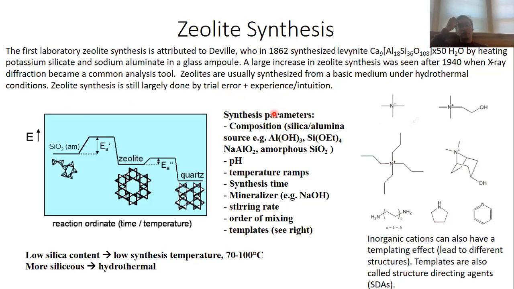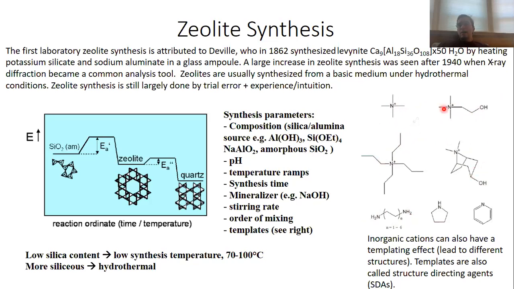For instance, the silicon and alumina sources, of course their ratios, then the pH and temperature ramps, synthesis time, mineralizers, stirring rates. The order of mixing can also be important, and also templates that can be used as structure directing agents. You see some of these templates here. All these templates are organic templates.